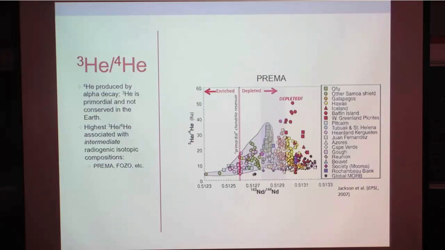I should emphasize that I don't think PREMA is a single composition. It's a region of isotope space. So it's not unique, and that region is somewhere in here. The highest 3He/4He are actually associated with this PREMA group, and the more you move away from that, the lower the 3He/4He.